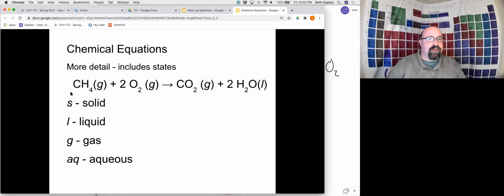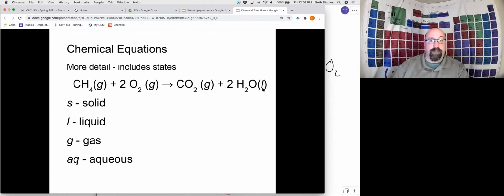We do often add in some additional information, a little bit more detail. We quite often include the states of matter that the compounds are in. And so CH4 is natural gas, methane, that's usually going to be in the gas phase in what we call normal atmospheric conditions, reacting with oxygen, which would also be in the gas phase, producing carbon dioxide, which would be in the gas phase, and then typically liquid water would be produced too. So that's a lowercase L right here.